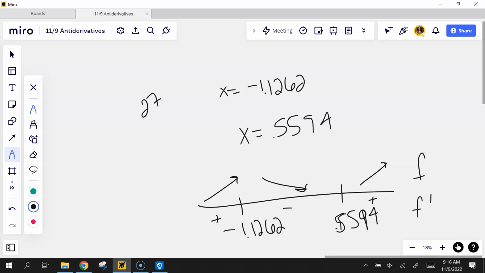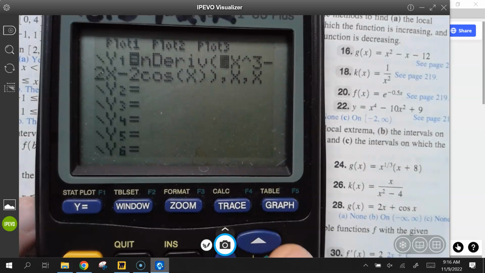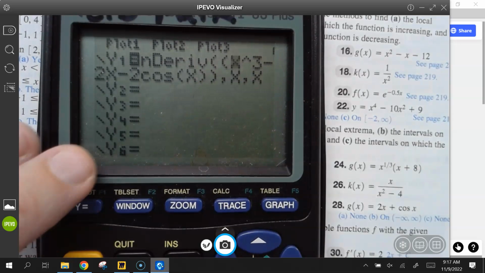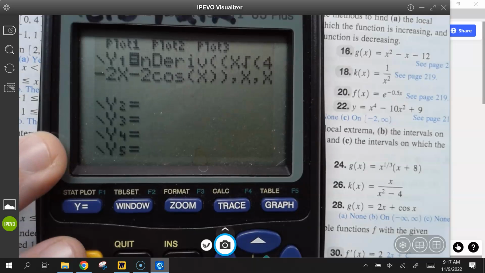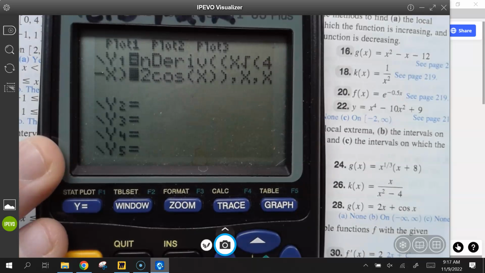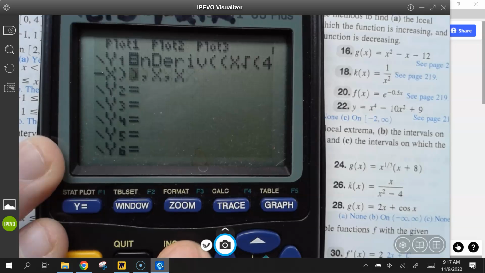If I went back to that other one that we just did, what was that? 23? What was it? X square root of 4 minus x. Let me just show you. X square root 4 minus x. Close that parentheses. I'm going to delete off everything else.